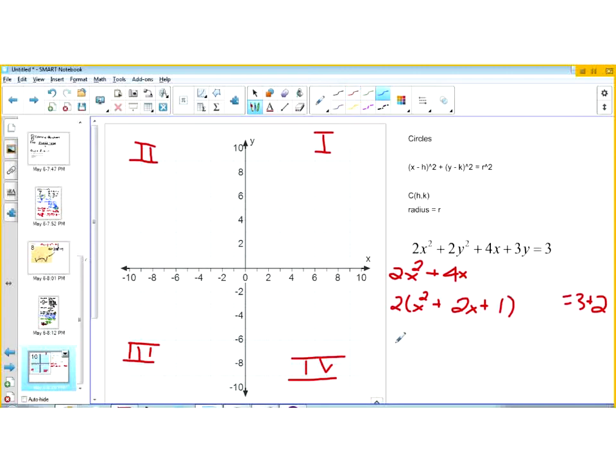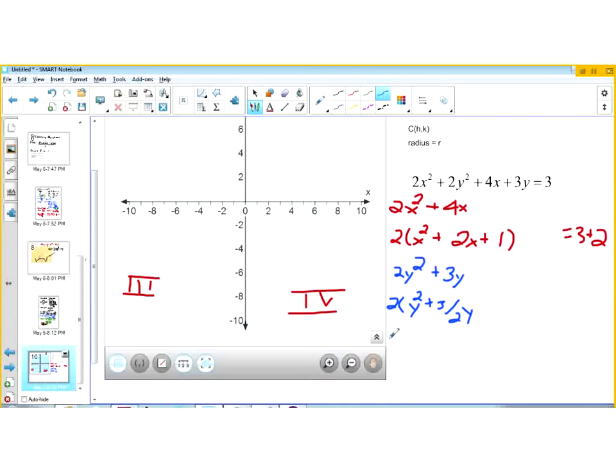Then we complete the square on the y terms. Our y terms are 2y squared plus 3y. We factor out the 2, the leading coefficient, so it'd be y squared plus 3/2 y.